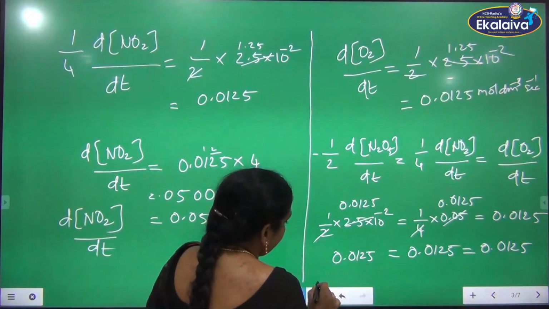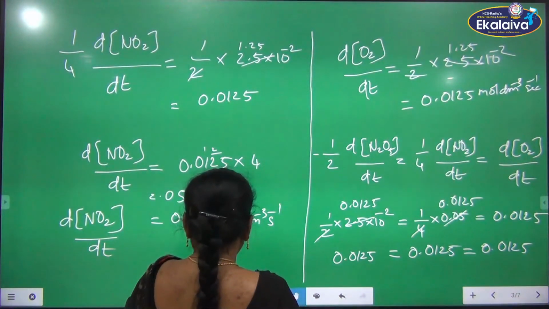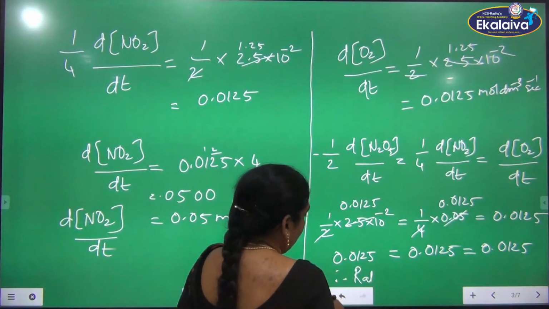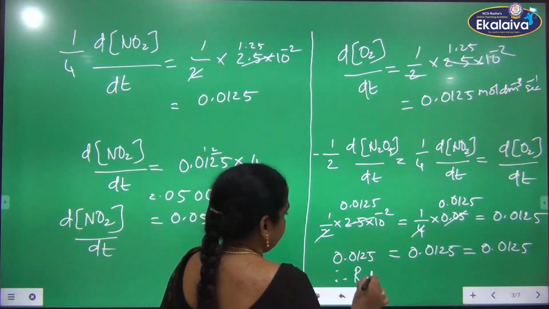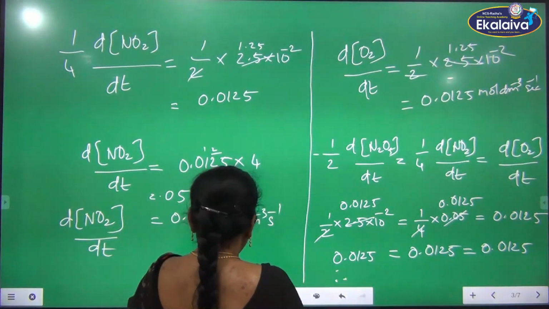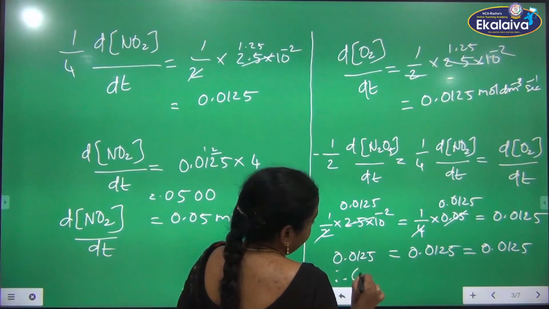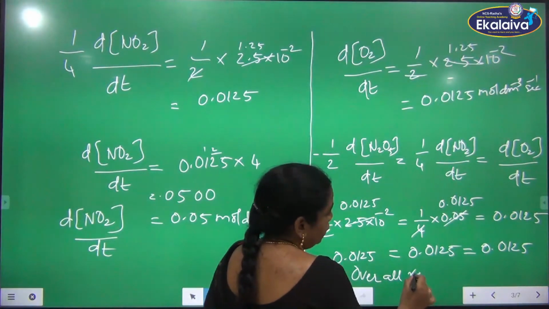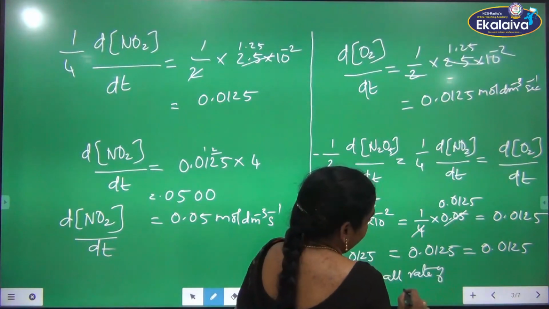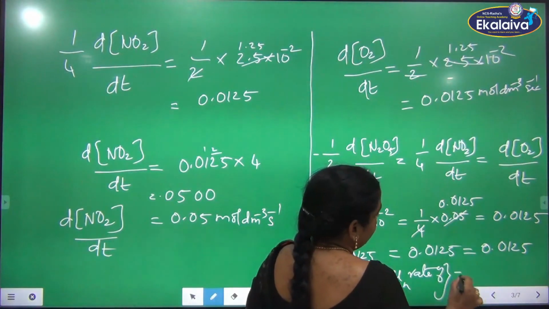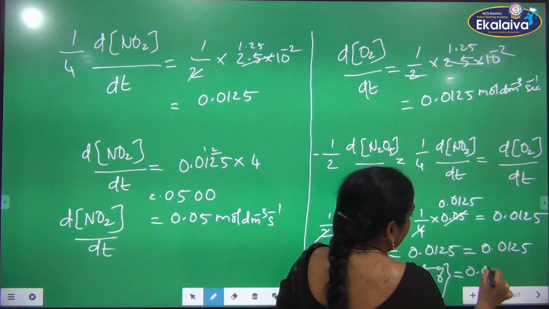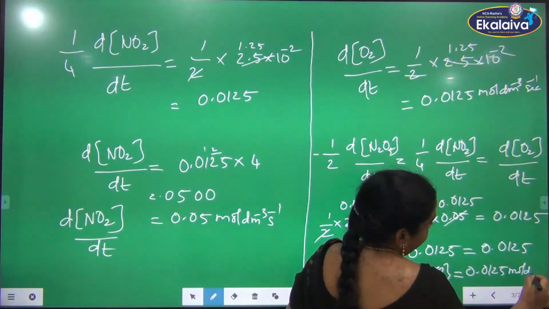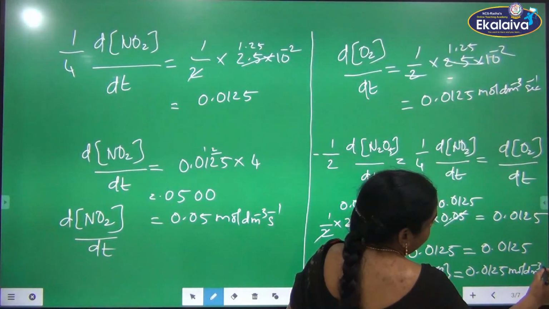Therefore the overall rate of the reaction is equal to 0.0125 moles per decimeter cube per second.